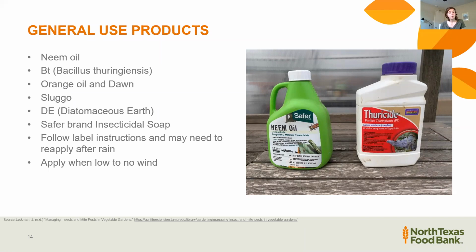It is important to note that you need to get the food grade DE, because there's another type of DE used for, I believe, pool maintenance. So make sure you get the food grade one, and you can apply this in multiple ways. You can just sprinkle it on your plants, or put it in a thick band around your plants, because DE has really sharp edges on it.